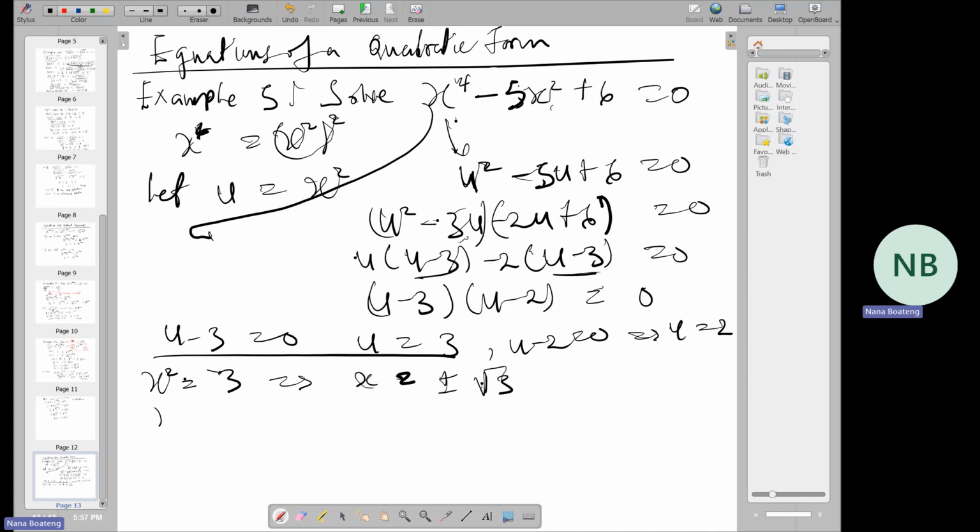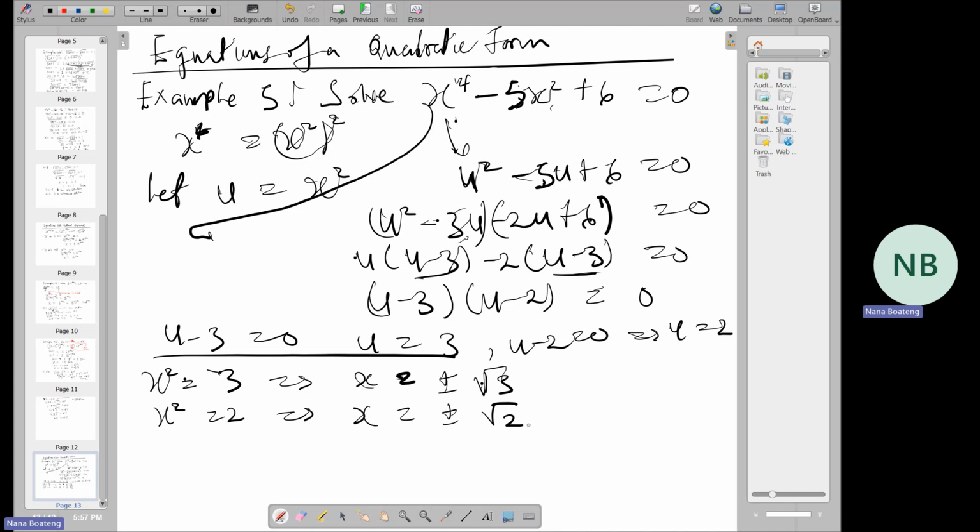And we also said u is equal to 2 means x squared is equal to 2, which also implies x is equal to plus or minus square root of 2. So we have these 4 solutions for x. So we can test whether each of them makes the solution true or false.